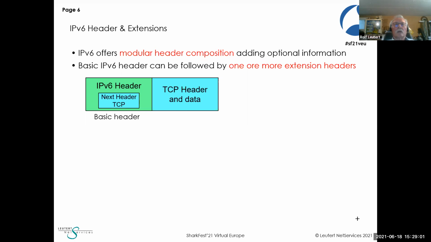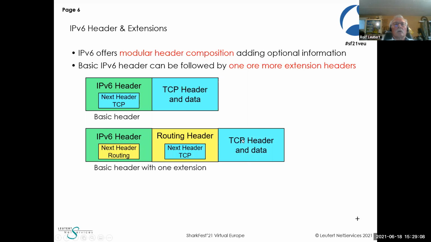But as I mentioned, the next header could be an extension header which carries more IPv6 information. For example, a routing header, special information for routers, for example, for tunneling or mobility or whatever. So the number 6 is moved to the routing header.